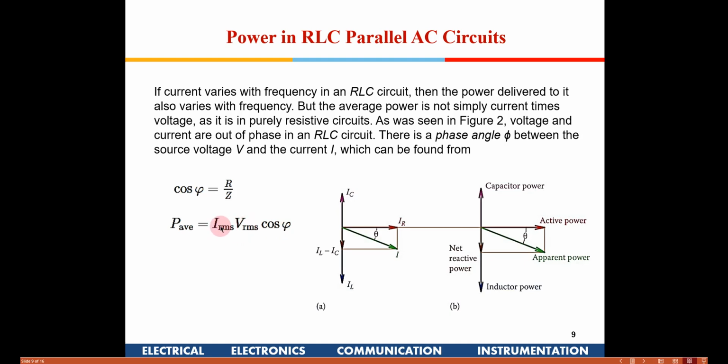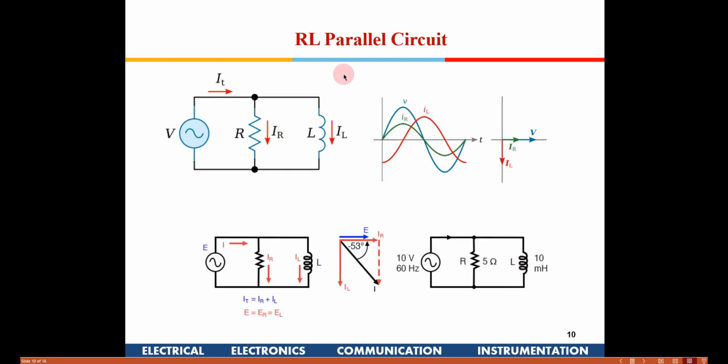IRMS and VRMS are the voltage of the source and current of the source, and then into cos phi, whereas phi is the difference between the applied voltage and the net current which is taken from the source, right? So that we can do. That is how the power is taken. So we'll see a few problems maybe in the tutorials also.